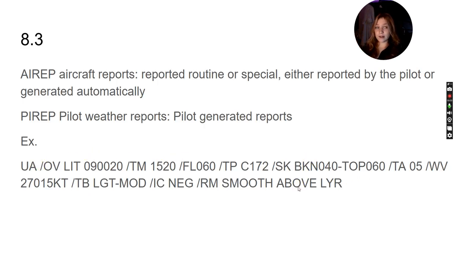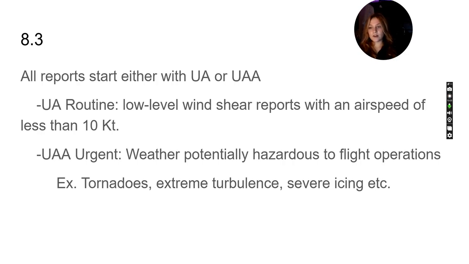There are a lot of similarities to the METAR, so it kind of adds on to it, but there are a few more things. All PIREPs will start with either UA or UUA. A UA is a routine report, and a UUA would be urgent: weather reporting potentially hazardous to flight operations, so tornadoes, extreme turbulence, and severe icing.